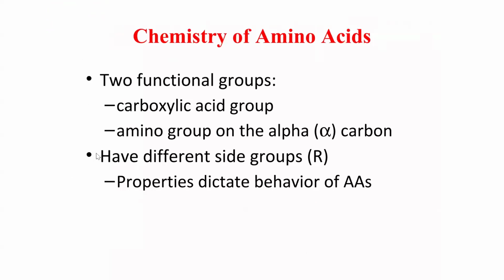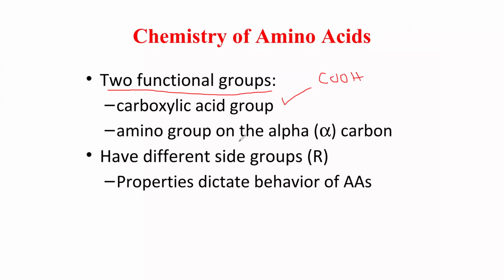So now, what is the chemistry of the amino acids? In the chemistry of amino acids, we have two functional groups found in the amino acids. These two functional groups are the carboxylic acid group, which is represented as COOH, and the amino group.